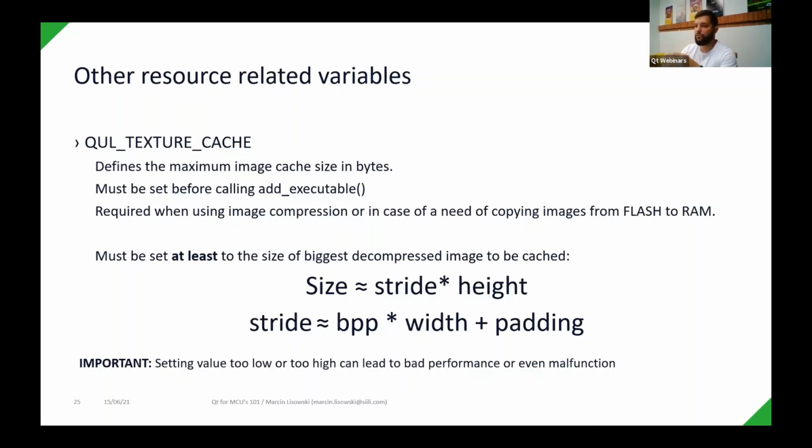Setting it to too low a value can cause your application to stop working, and too big a value can even cause a malfunction, as you can overlap other parts of your application, for example the heap or the stack memory regions, and that's probably not what you would like to do. So just remember that this is a really important API, but it has to be used with special care to not cause any problems.